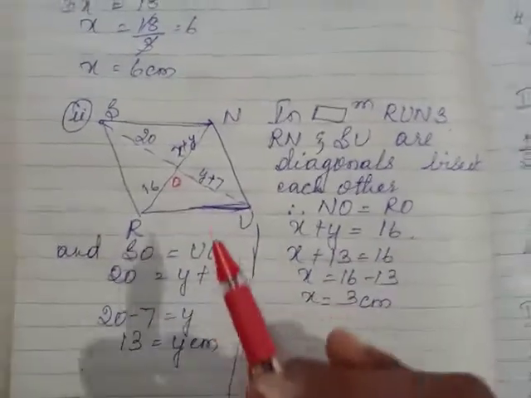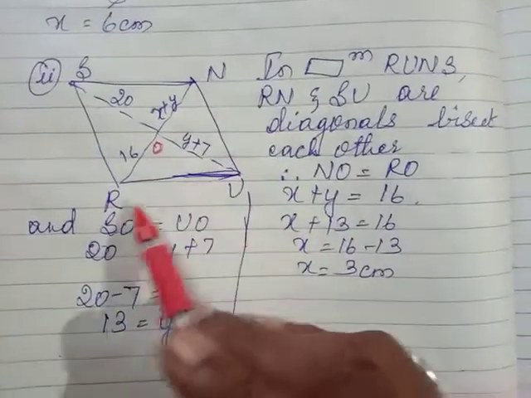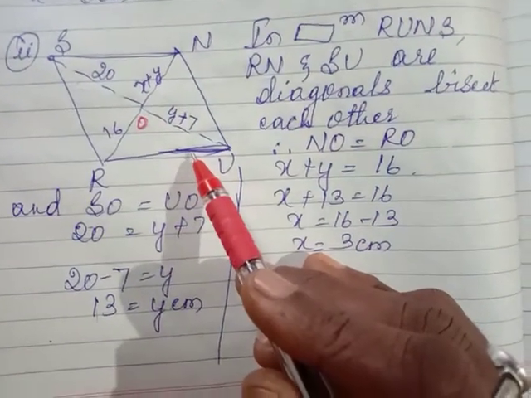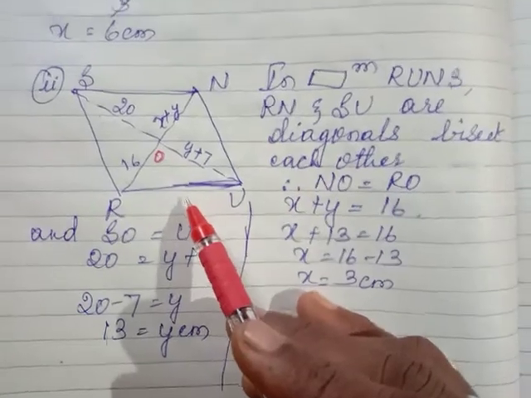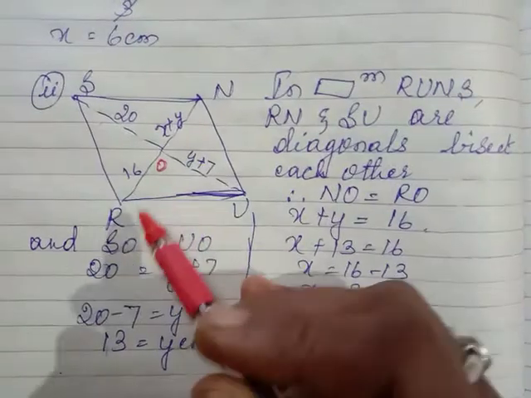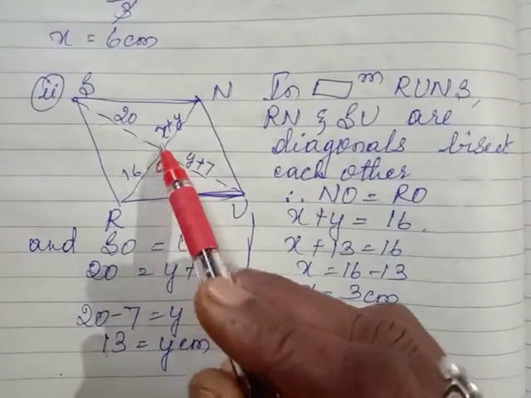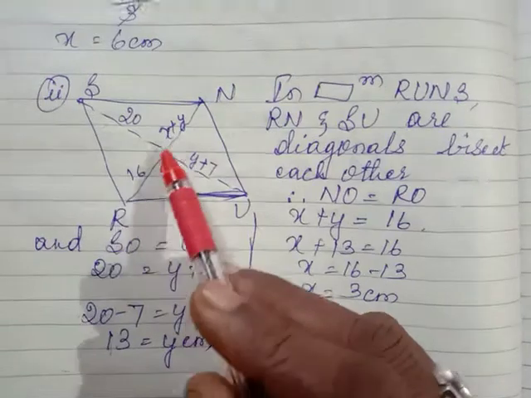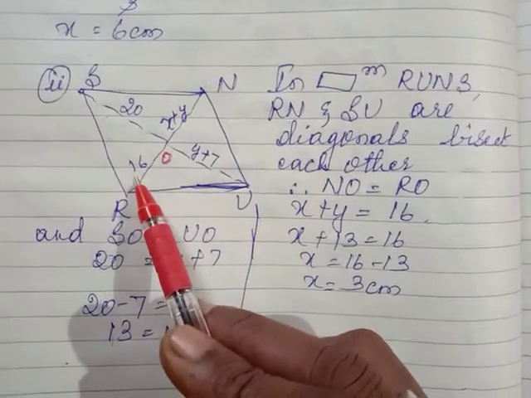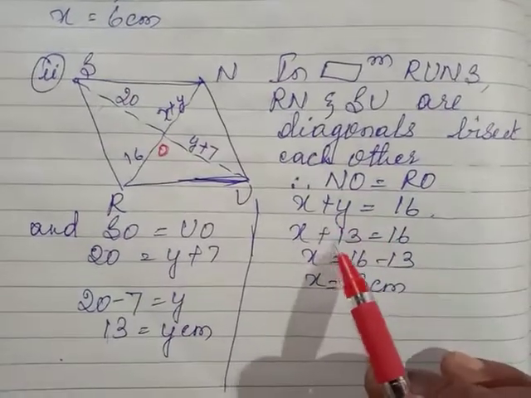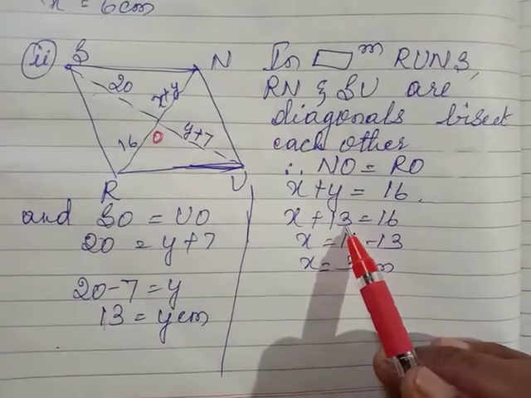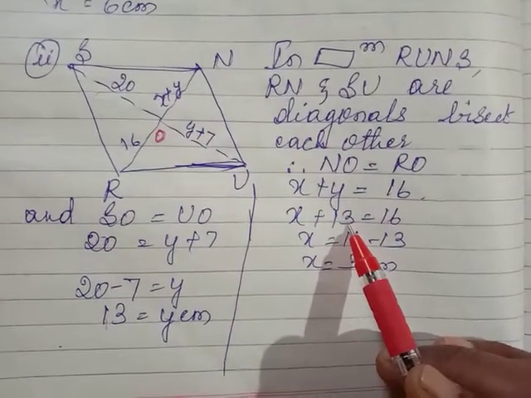Then the second problem is in parallelogram RUNS. RN and SU are the diagonals, and the diagonals bisect each other, but they are not equal. We have proved that NO is equal to RO. Therefore x plus y is equal to 16. Then y they have given 13.